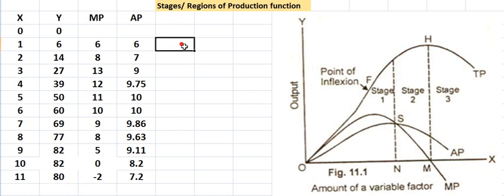Then we have to estimate the marginal product. So marginal product is the additional output produced or received as a result of employing or using an additional unit of variable input. And this can be calculated by dividing change in output by change in input.